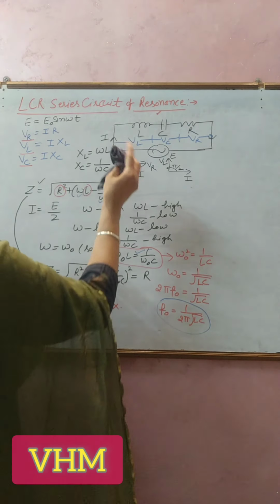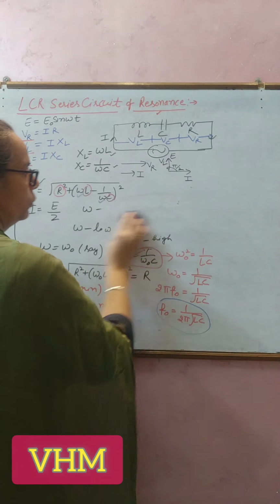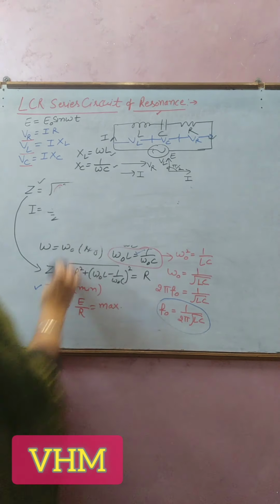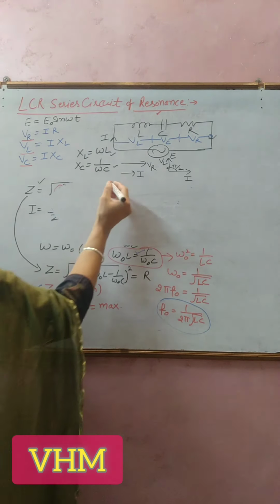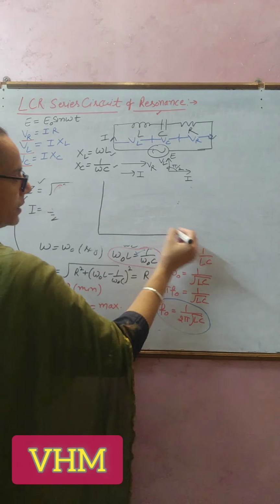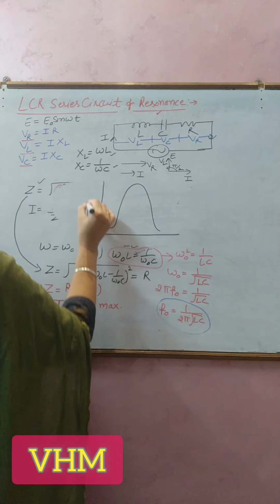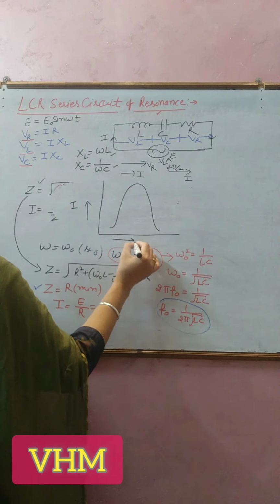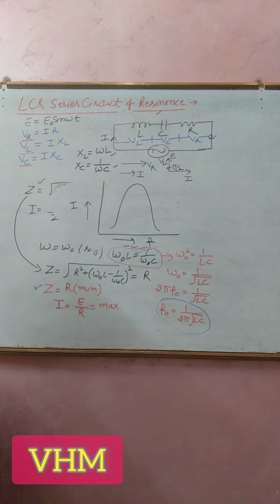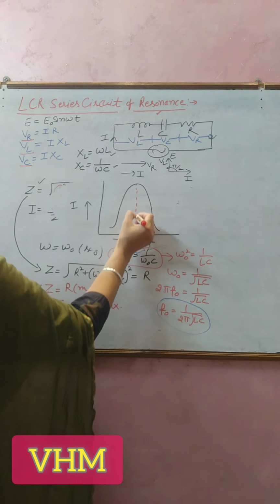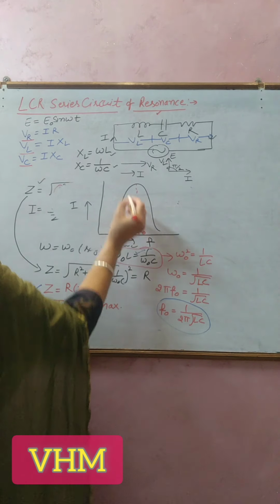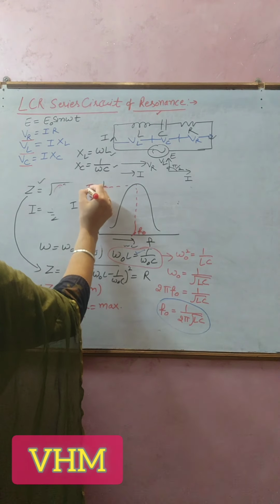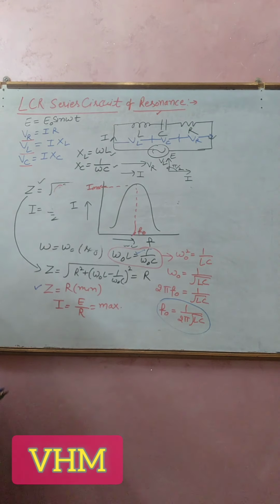If we draw the graph to show the variation of current with frequency, this is the variation. This is current, this is frequency, and here this is the resonance frequency and this is the maximum current.